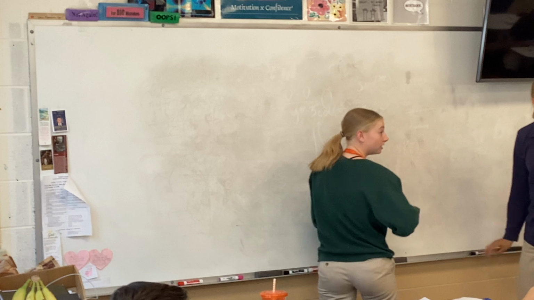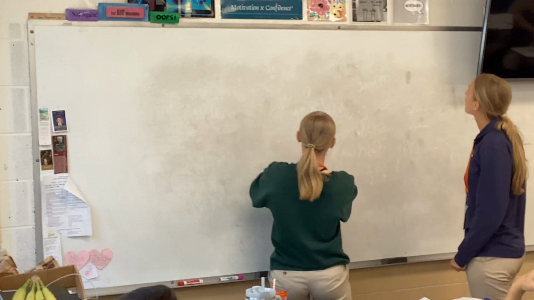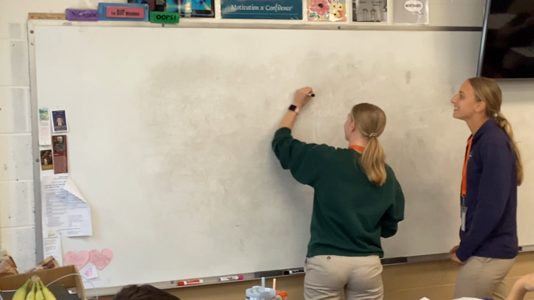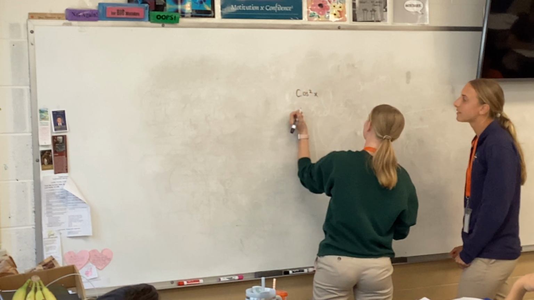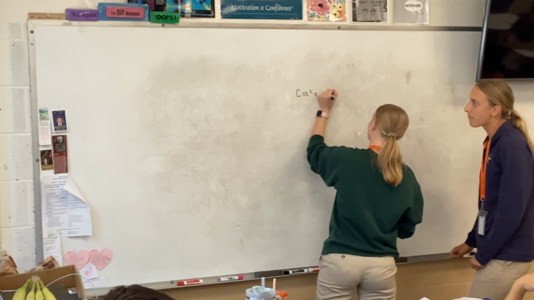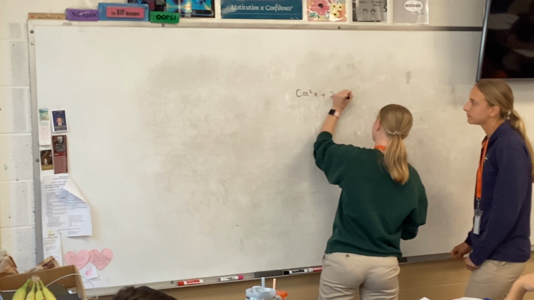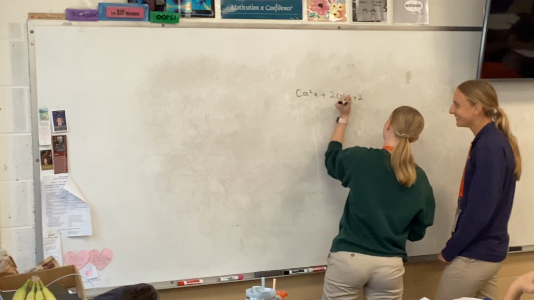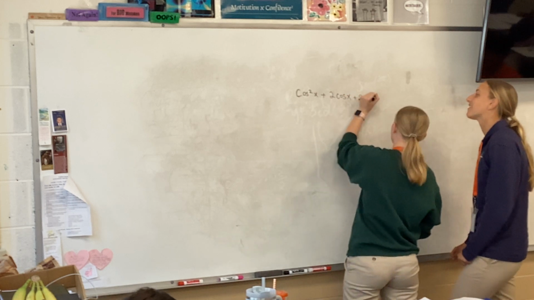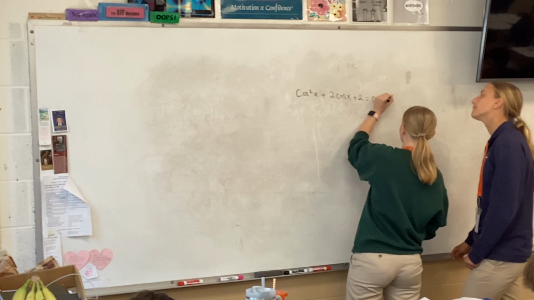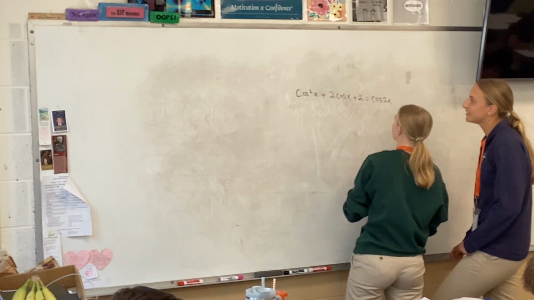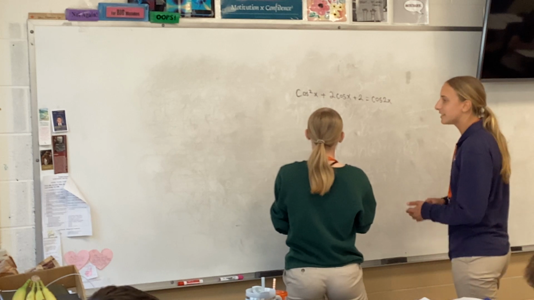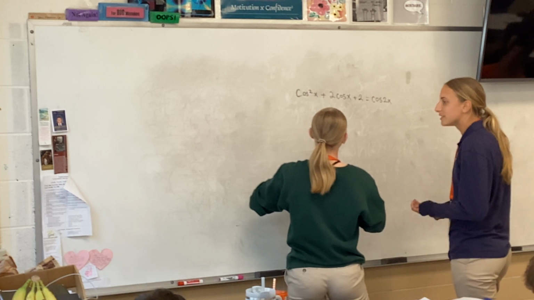All right. Scoot over a little bit more. Now, here's your equation. Cosine squared x plus 2 cosine x plus 2 equals cosine 2x. And you're solving from 0 to 2 pi.